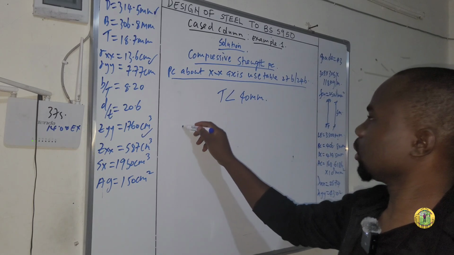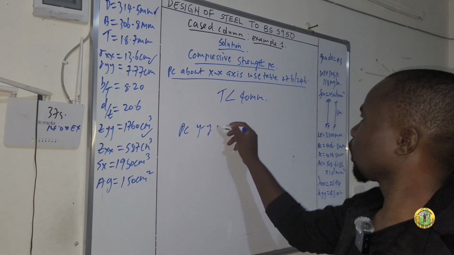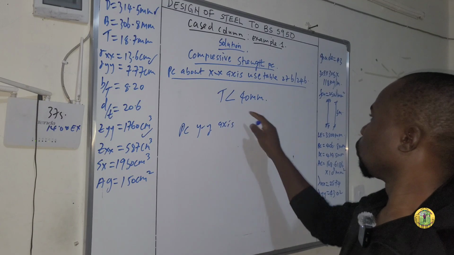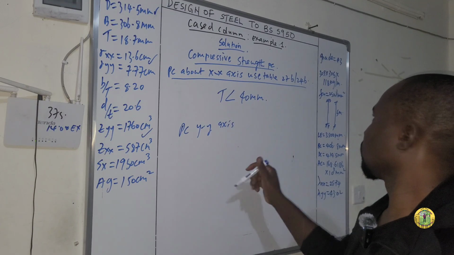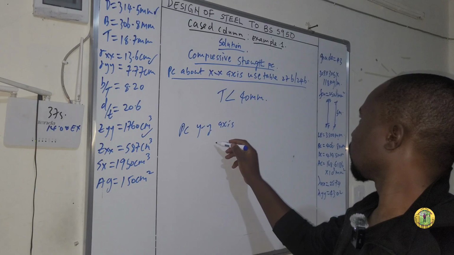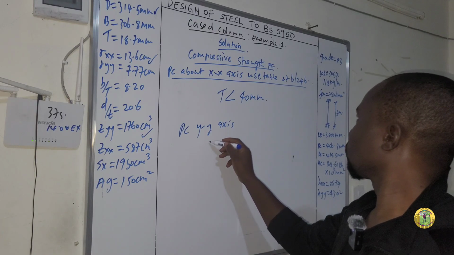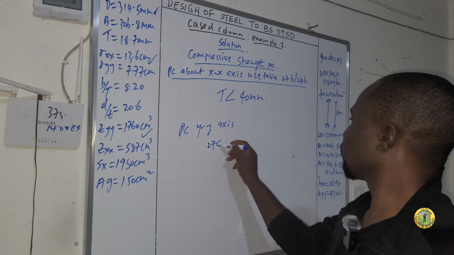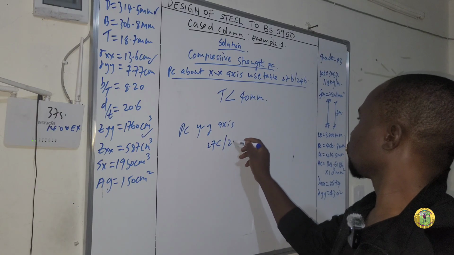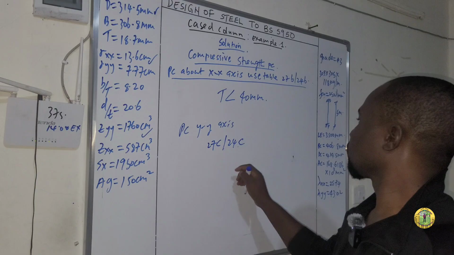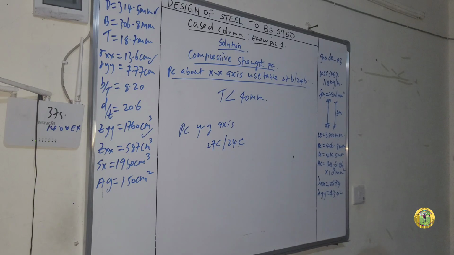To obtain pc for the YY axis, when T is less than 40, you use table 27C or 24C. So revisit the introduction to compression member design to BS5950 for the difference.